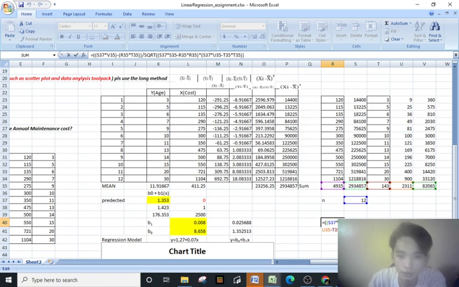so minus the sum of the x, then multiplied by the sum of the y.